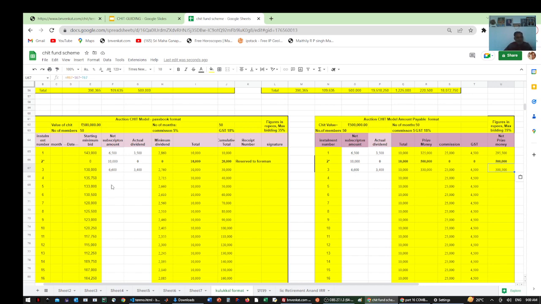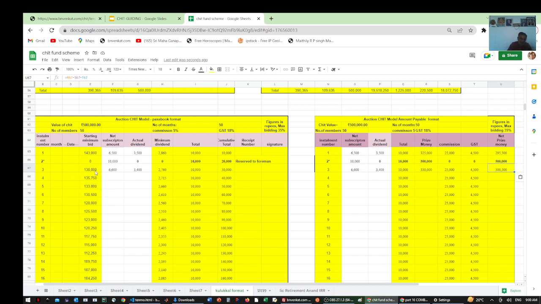And like this, every month an auction is conducted and the successful bidder, that is the winner, will be decided by the auction with the highest bidder. The minimum bidding for the 4th month will be 1,35,750.